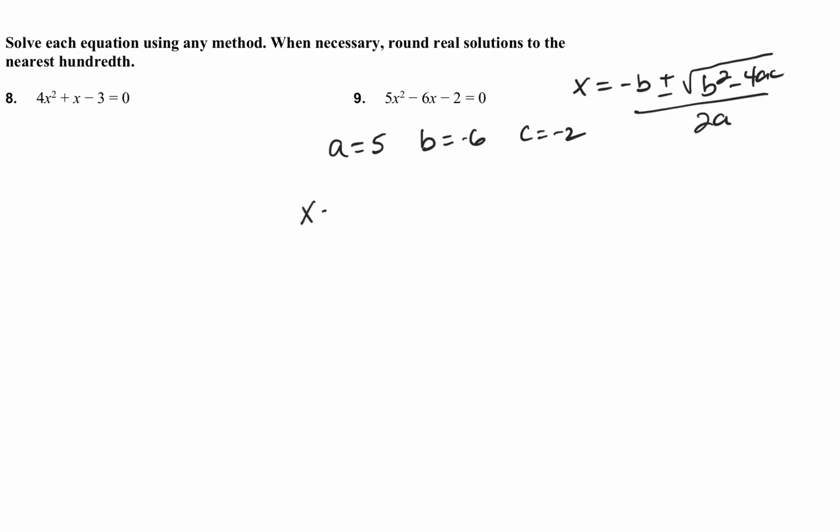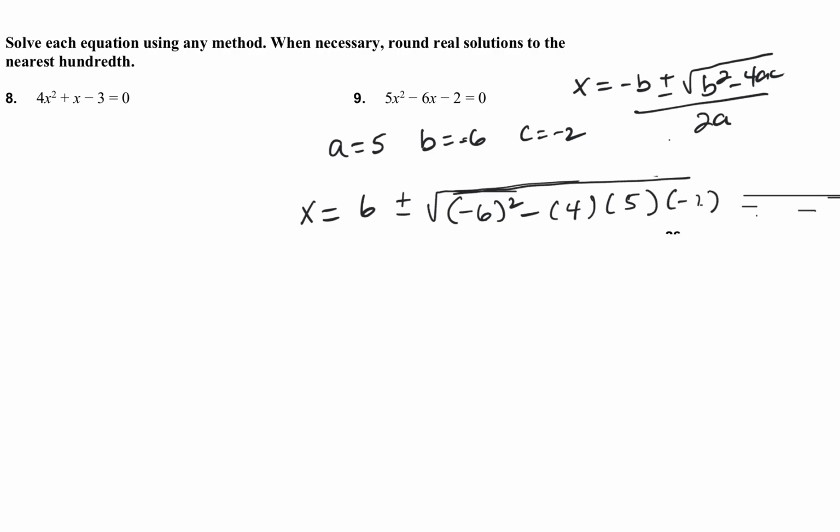So we have x equals negative b. In this case, it's going to be positive 6 plus or minus square root of negative 6 squared minus 4 times a, which is 5, times c, which is negative 2.